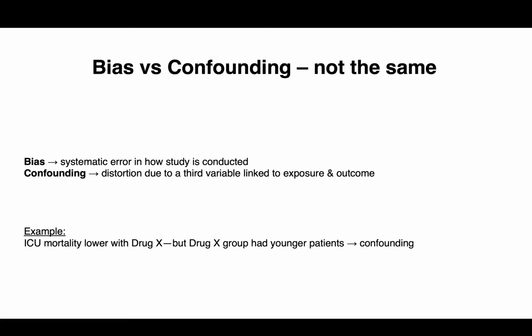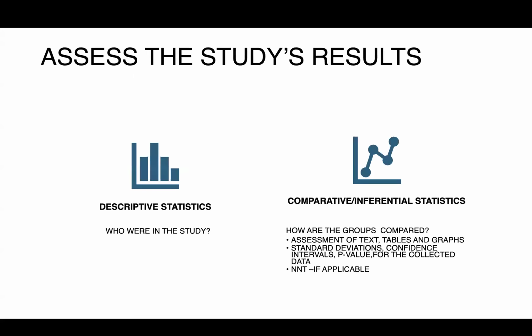Example, ICU mortality lower with drug X, but drug X group had younger patients. So that could be a confounding factor. So this is about the internal validity assessment. So you need to look into bias. And the next thing is you need to know that bias and confounding are not the same.